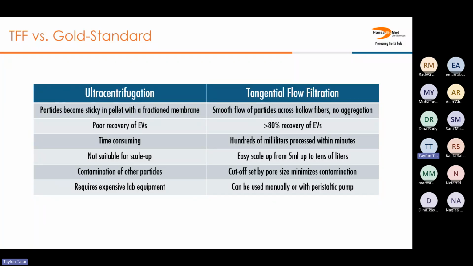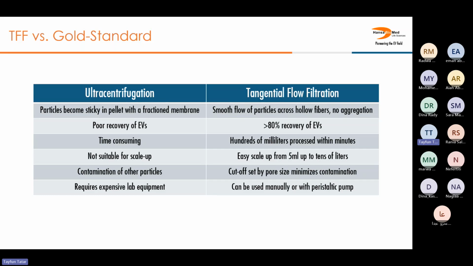The main problem of ultracentrifugation is that since it applies high shear force on particles, namely extracellular vesicles, it causes EVs to become sticky and to form a pellet, often with fractionated membranes, meaning that you isolate your EVs, but it is questionable whether they are still functional. Whereas in tangential flow filtration, since it is performed through a smooth flow of particles, there is no aggregation and no damage to EV membranes.